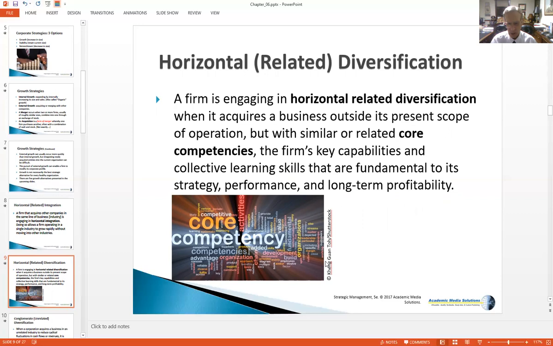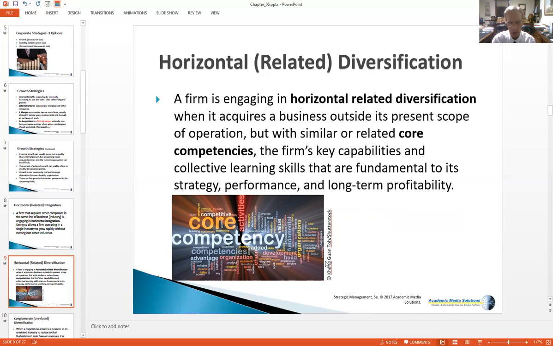Horizontal related diversification is to expand into an industry that is not the same as your industry, but there are a lot of similarities. When Deere, the manufacturer of agricultural equipment, acquired companies and developed its own products for construction, that was horizontal diversification.